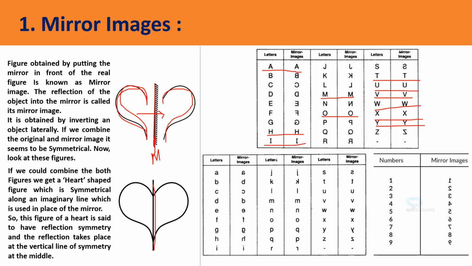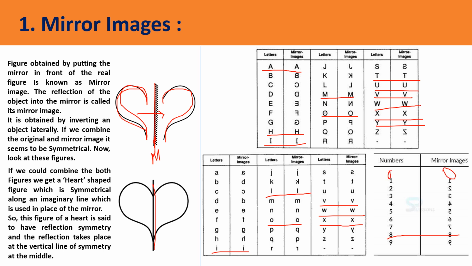Now coming to the small letters, there are also some letters which are exactly similar to the mirror image, like i, then l, o, v, w and x. And in numbers you have 0 and 8 as common, which are the same as their mirror image. Okay, 0 also, so keep that in mind.